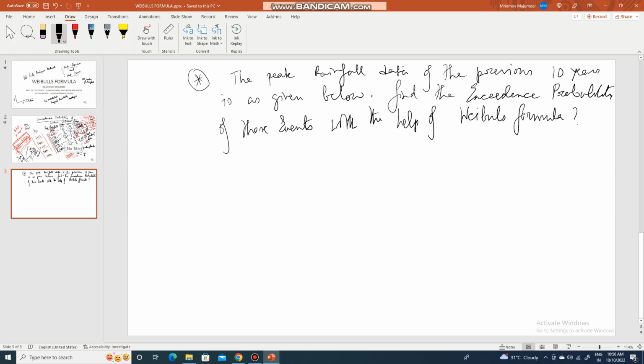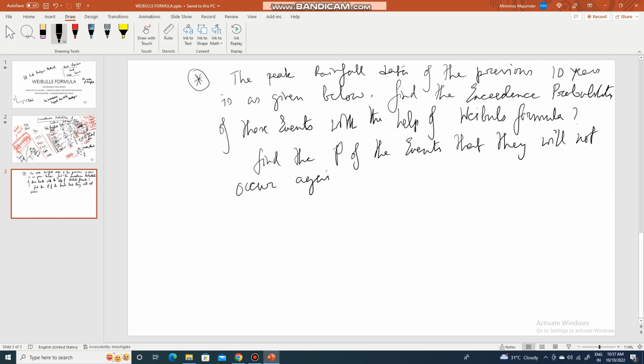But if, as the second part of this problem, they say find the exceedance probability of the events that they will not occur again, the non-occurrence probability, then don't panic, the system is like that.